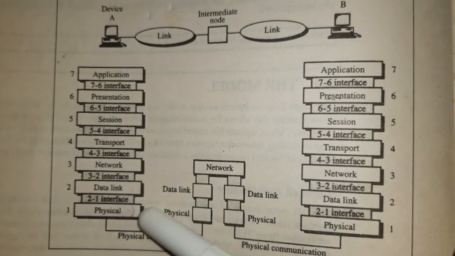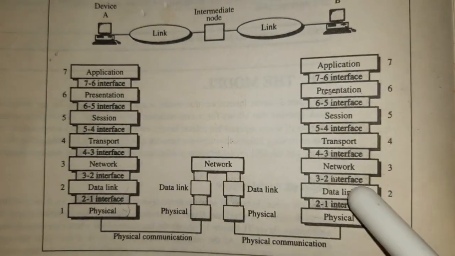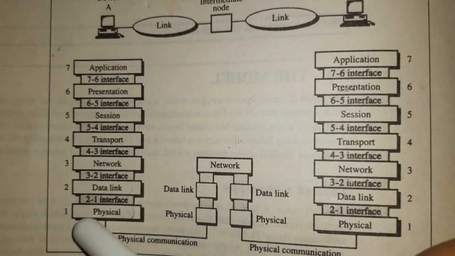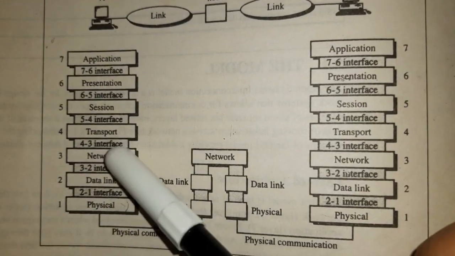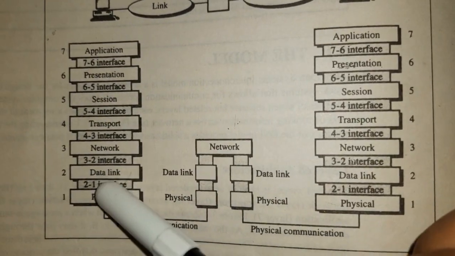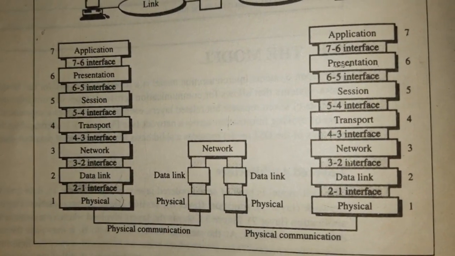These are the layers of transmitter and receiver, and on this side physical and data link are interfaced, that is a 2 to 1 interface, and here a 3 to 2 interface. Each pair of adjacent layers is interfaced, and they can communicate using this interface between the two layers.